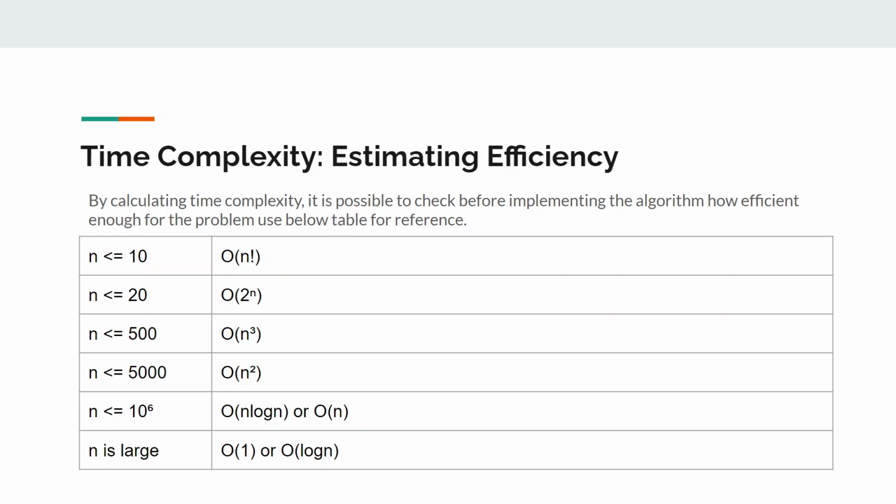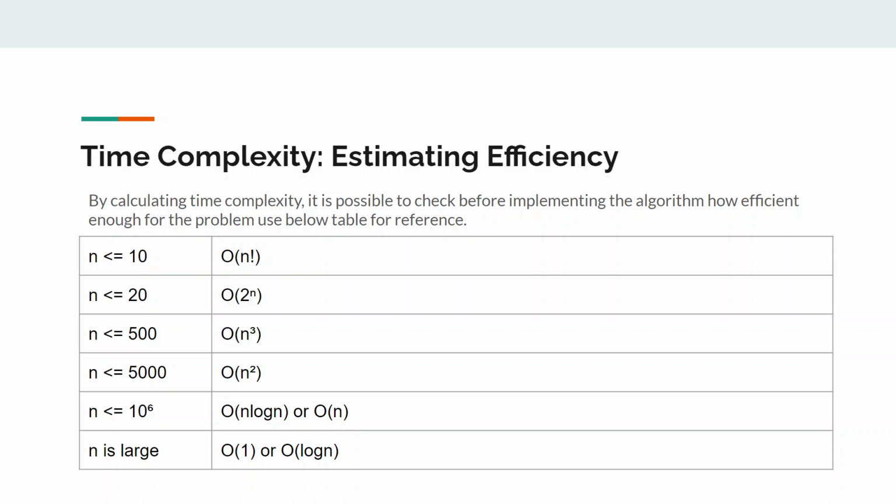Now we also need to understand calculating time complexity when you are already aware of the input size, for example n here. If n is less than 10, or less than or equal to 20, or n is very large, we can bracket the time complexity into these categories. For n less than 10 it is n factorial, for less than 20 it is 2 raised to the power n.